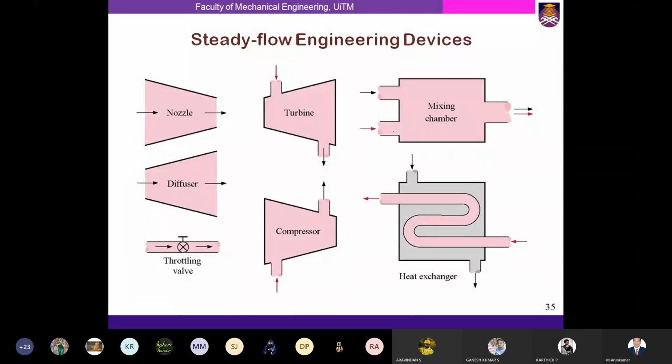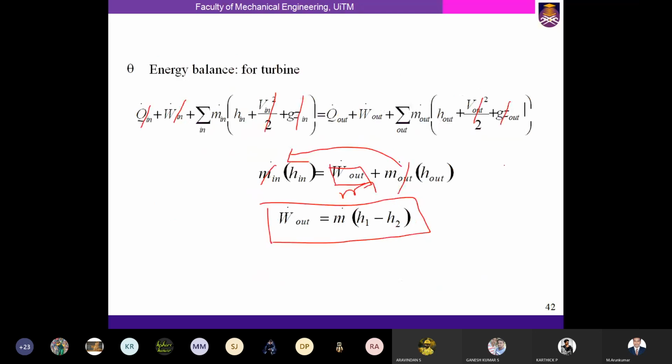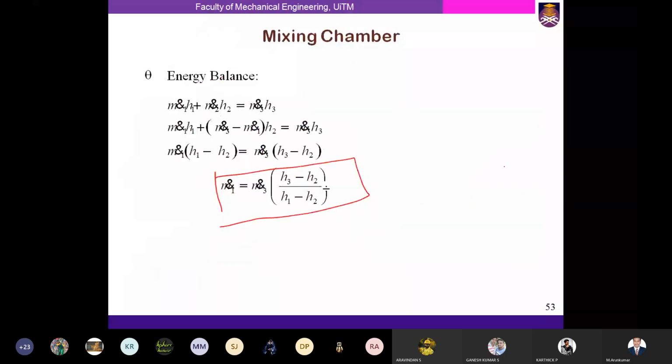We can add 2 inlets and we can expect 1 outlet. So there is h1, h2, h3. There is P1, V1, h1, there is P2, V2, h2, and then we can expect P3 as a mixer. Just from that, we can have this equation. Let's go through this.